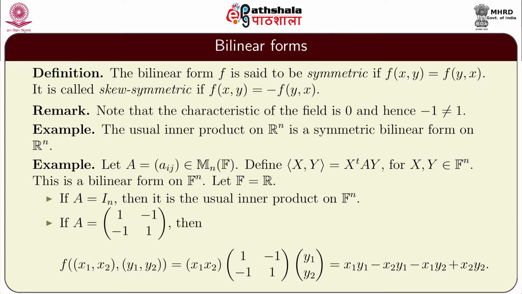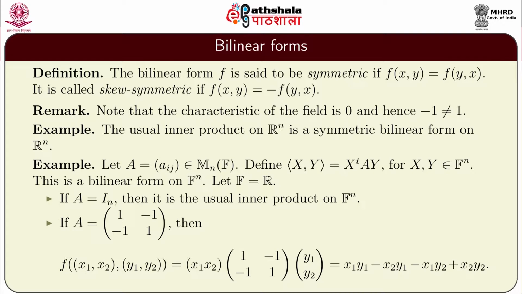Now, an example: the usual inner product on Rn is a symmetric bilinear form on Rn. Another example: let us fix an n cross n matrix with entries from the field F. So, A belongs to M_n(F).